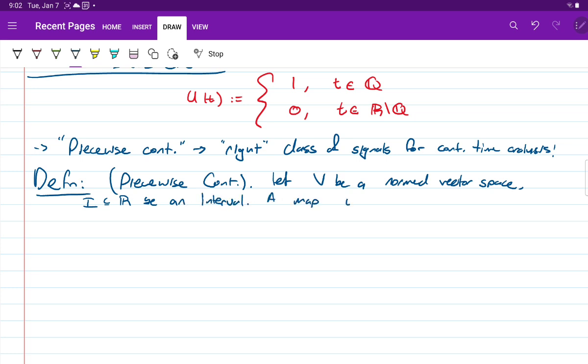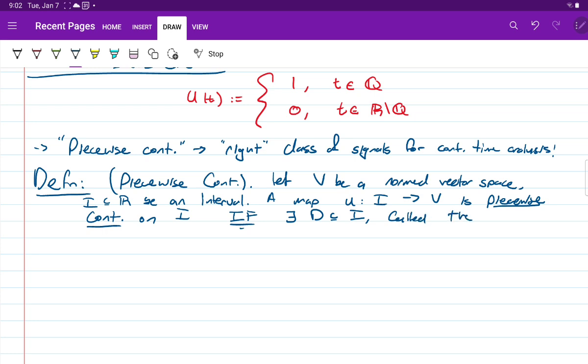A map u, which goes from I into V, is piecewise continuous on I if there exists some set D, a subset of I, called the discontinuity set of u, for which the following hold.